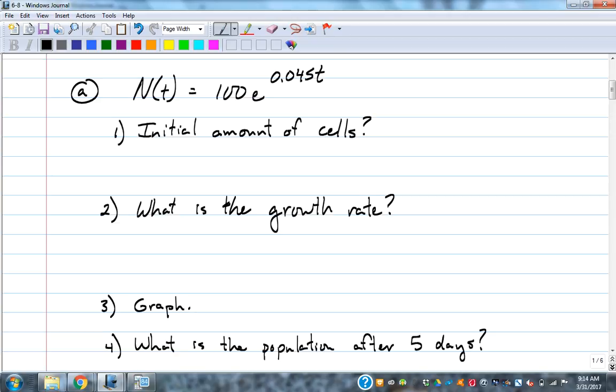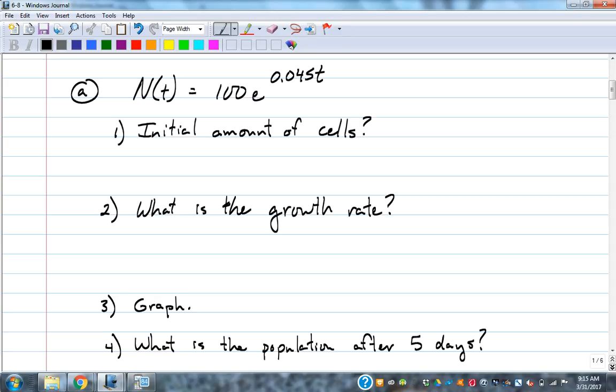Number one is, what's the initial amount of cells? 100. Why? That's right, but why? It's the A sub 0. What that stands for is the initial amount. It's 100. Also, if you ever forget that, when something starts, what's the amount of time? 0.